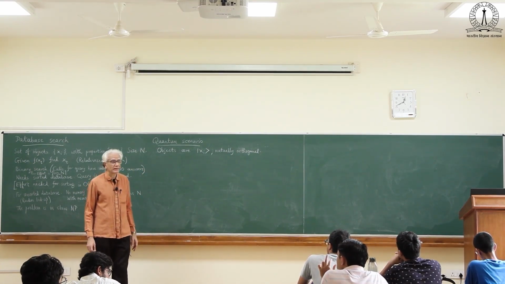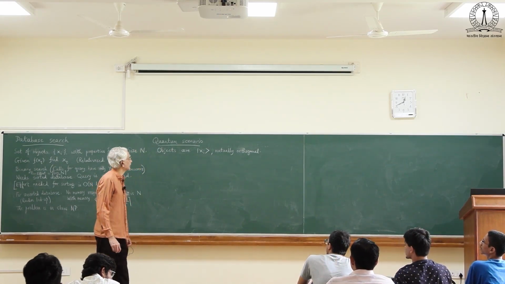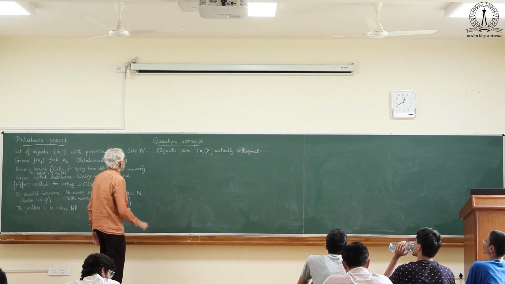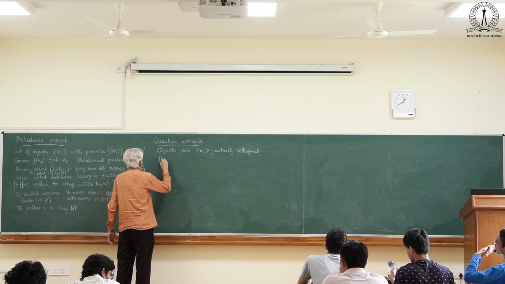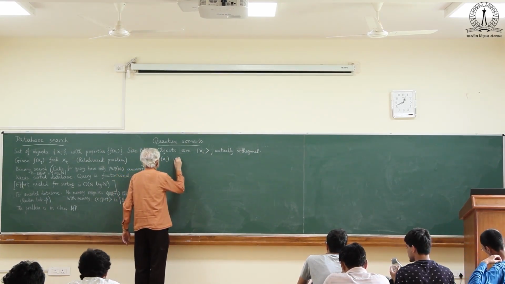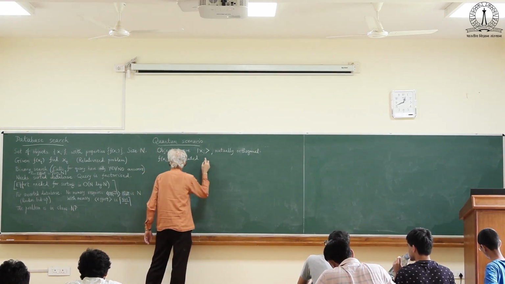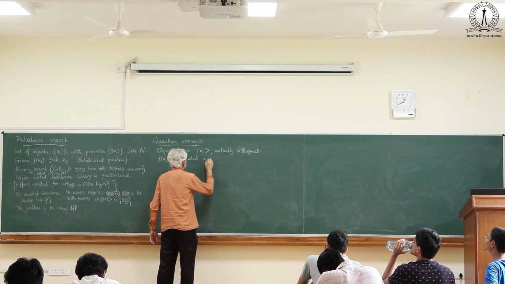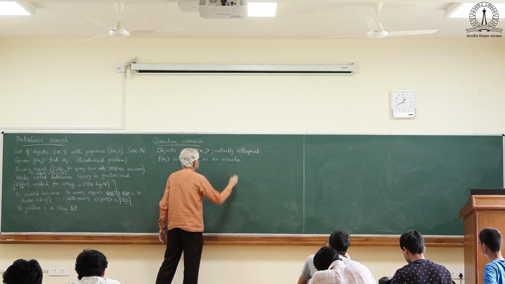What we are typing on the third part is the properties f of x. So f of xi is treated both in the classical case as well as the quantum case as an oracle.